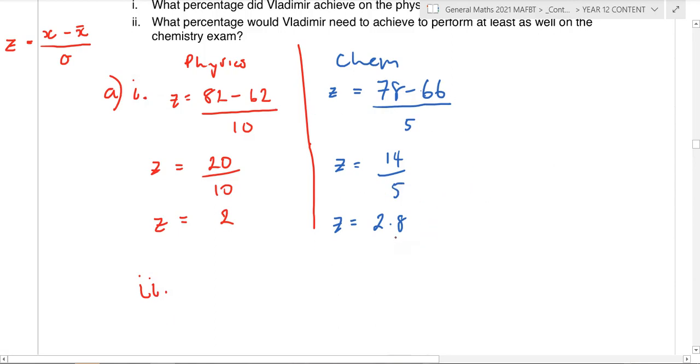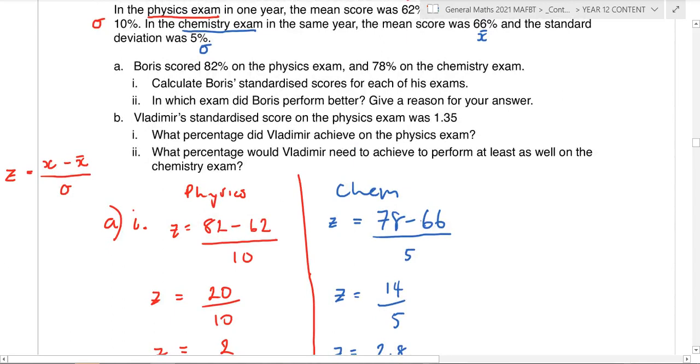The reason is that it's a higher Z score: 2.8, which is greater than 2 for physics, which means he's higher up on the scale in chem as opposed to physics, even though the scores were different.